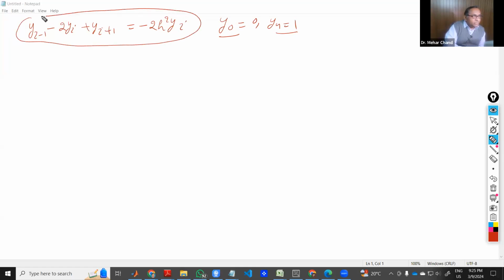So what we do, we will put the values i = 1, then i = 2, and i = 3 in this equation. When i = 1, the equation reduces to y0 - 2y1 + y2 = -2h² y1. This is the first equation.